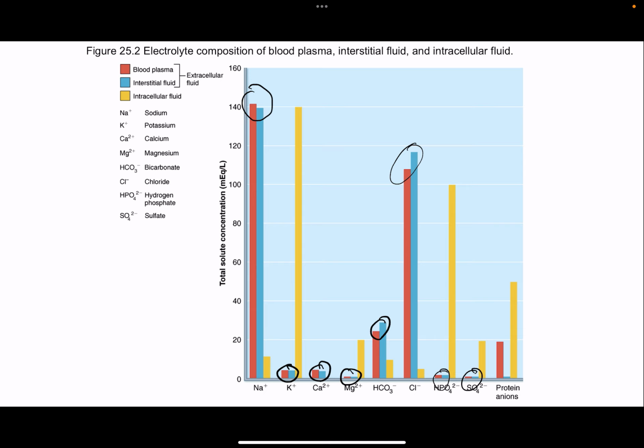You'll see a good amount of protein in the blood plasma, even more inside the cell, but little to none in the interstitial fluid.